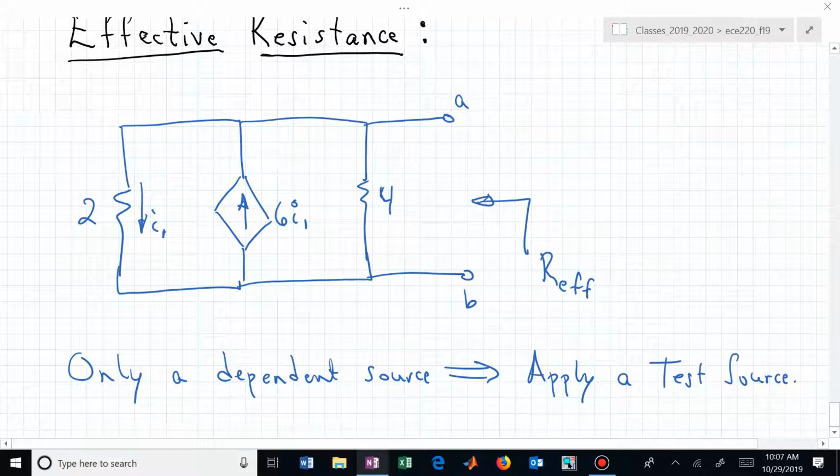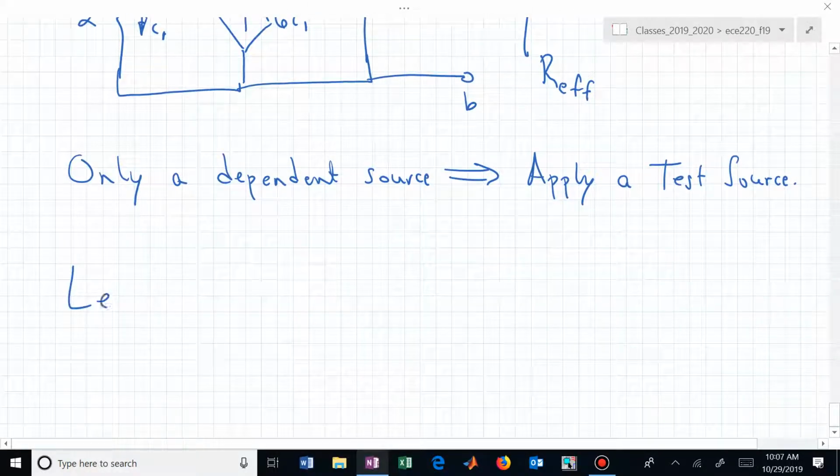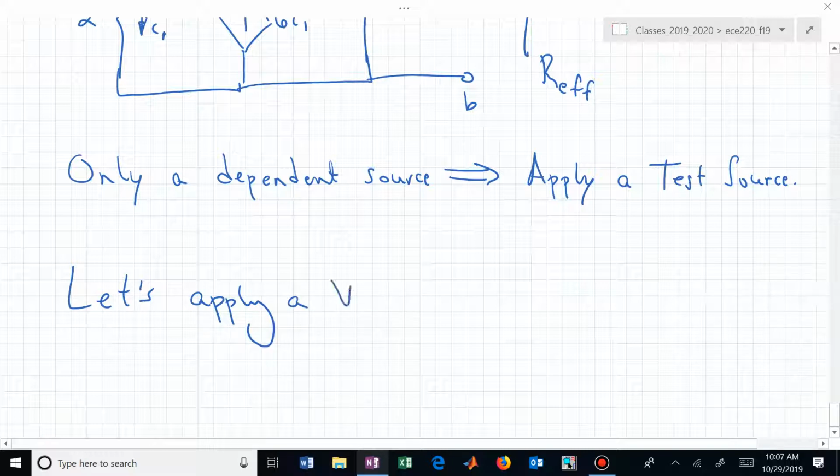It really may just depend on your mood which one you apply, but you have to apply a known voltage or a known current source. Today I'm just going to apply a known voltage test source. So let's now apply a voltage test source.